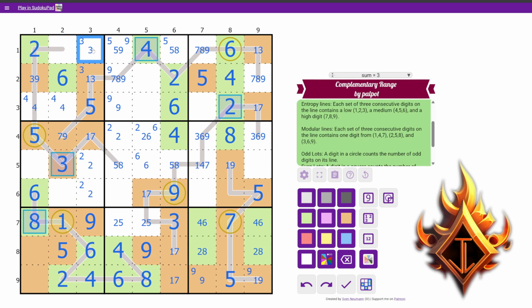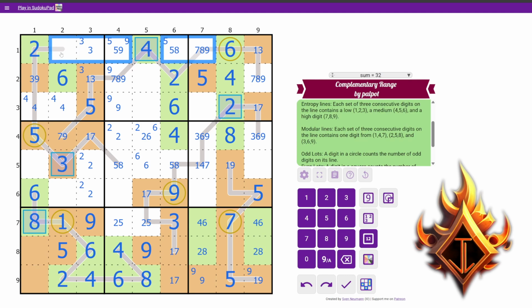If this is 8, that is 5, that is 9, that is 7, that is 1 or 3. And it could be, wait, let me make sure. If that is 8, that would be 5, that would be 9, that would be 7. That would have to be 1 or 3.